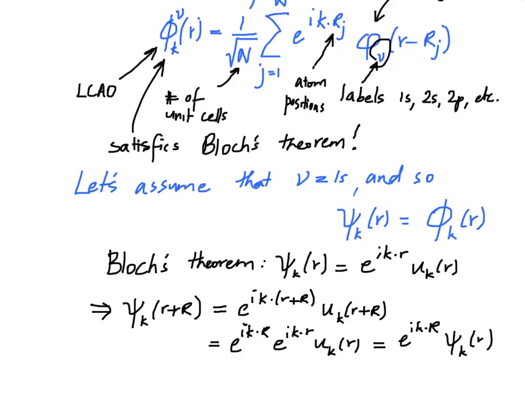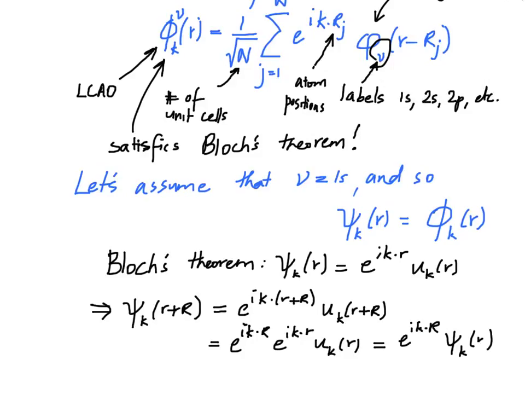Now e to the i k dot r times u k of r is nothing but our wave function itself from this equation, and so our final result is psi k of r plus capital R is equal to e to the i k dot capital R times psi k of r, where remember of course that capital R is a lattice vector in real space.